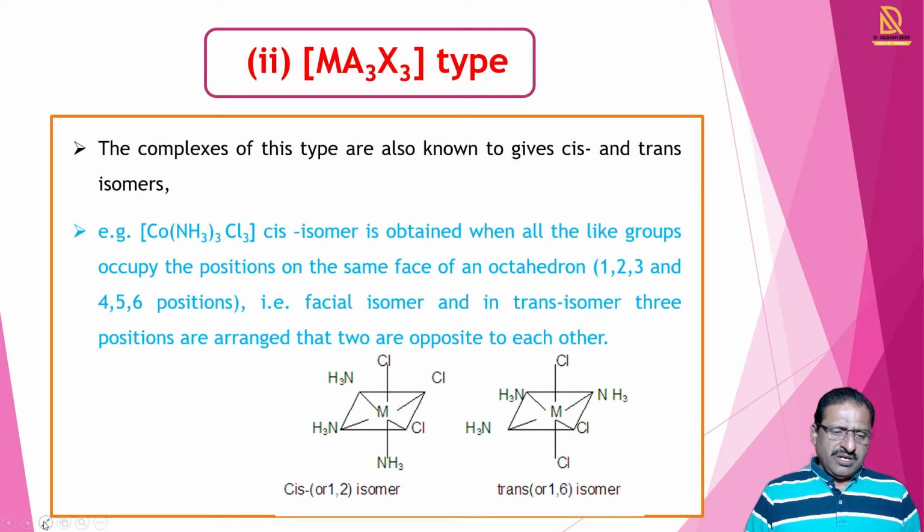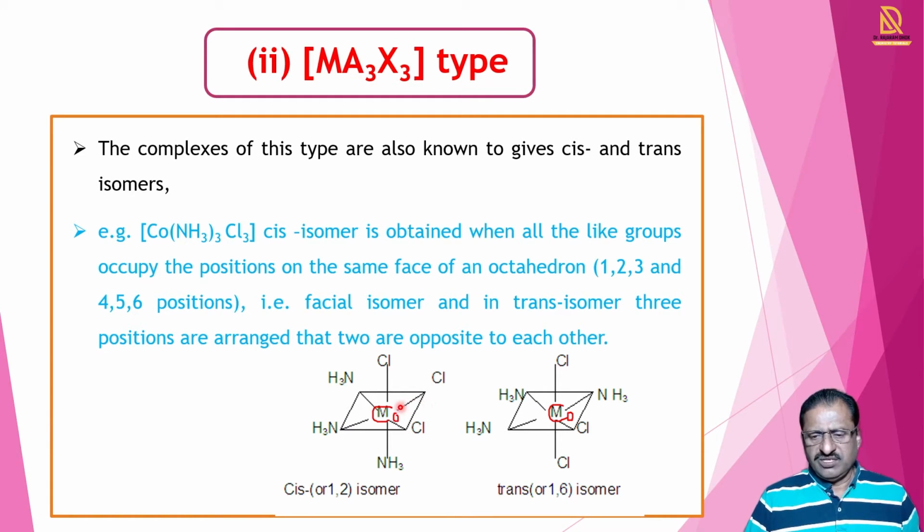Here we have taken the cobalt example, or you can change the metal, cobalt or any other metal, Fe also. So here you see cobalt is attached with the ligands, and there at position number 1, 2, 3 are the same type of ligand. So that is cis. If position number 1 and 6 are different, then that is called trans.